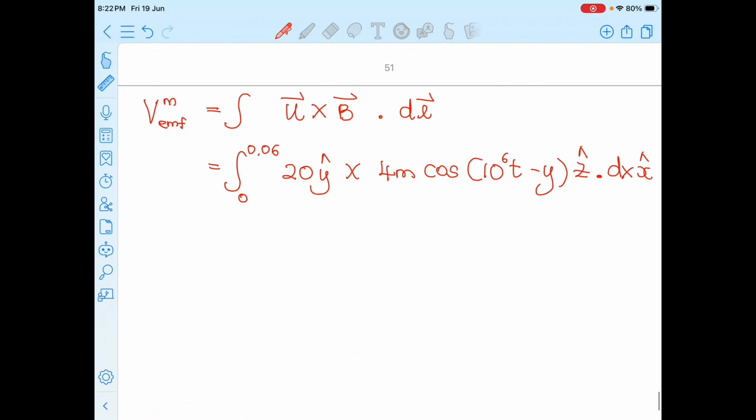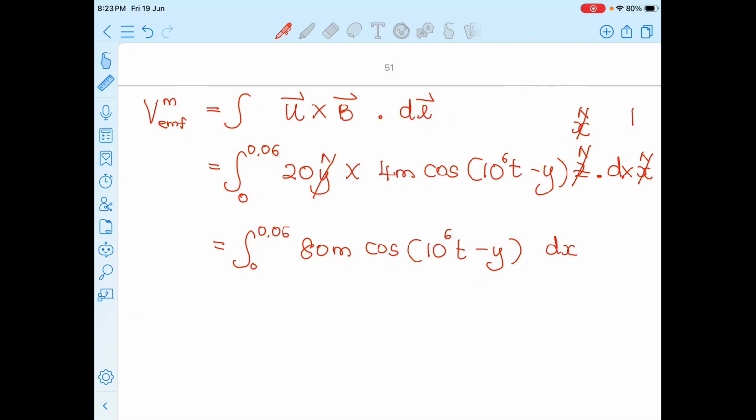Let's simplify this. It gives us x, and x gives us 1. So here you have the integral of 0.06, 80 milli cos(10^6 t minus y), with dx.